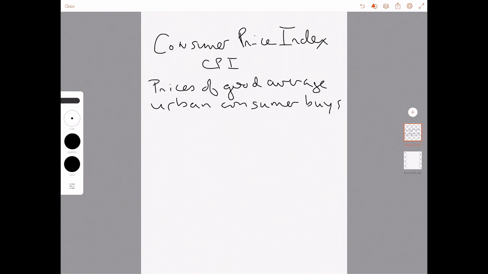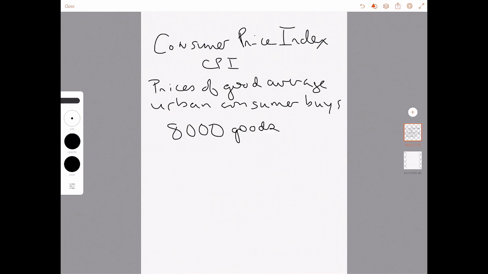Now, in the Consumer Price Index, we don't have goods for everything. We have prices for 8,000 or so different goods. And we mentioned this when we were looking at unemployment. The Consumer Price Index is computed by the Bureau of Labor Statistics. There are lots of employees of the Bureau of Labor Statistics whose job it is to go shopping.